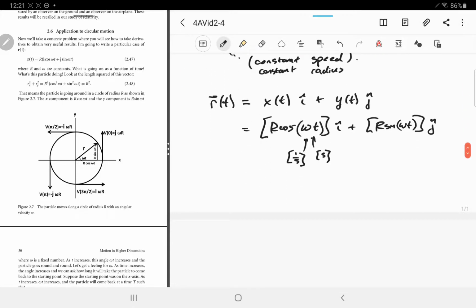So this thing omega, it's a Greek letter. This is called angular speed. It's called a few things: angular speed or angular frequency.